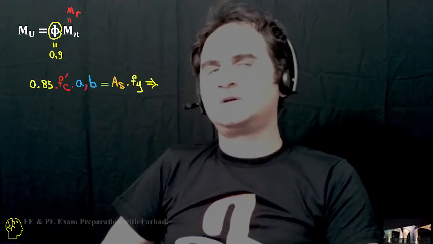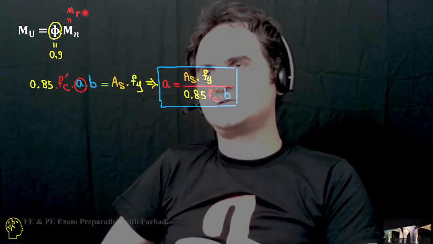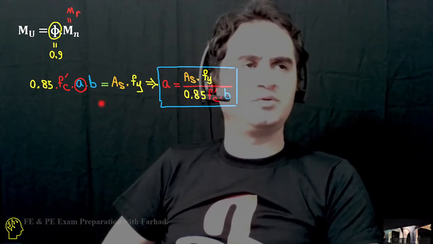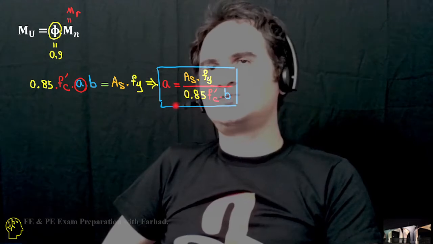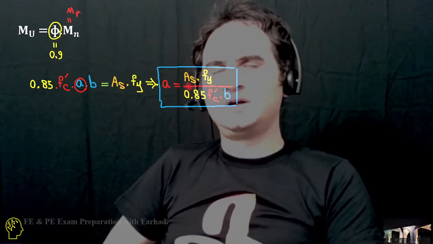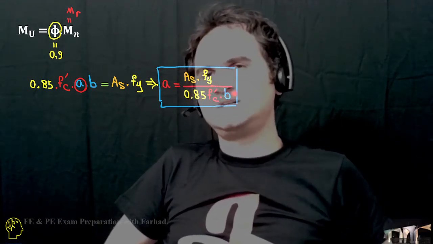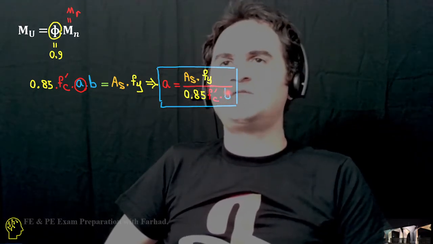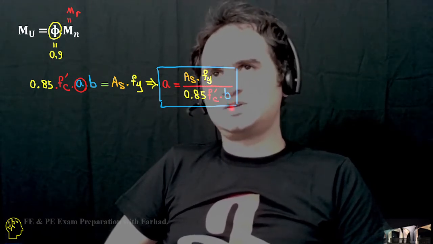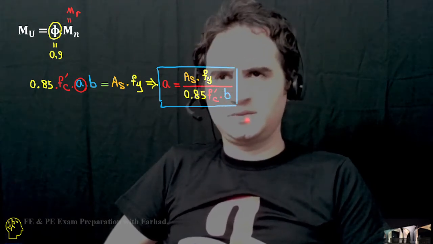Again, Mu, the ultimate moment, is the reduction factor times the nominal or resistant moment. They are identical to each other. If we equate the forces in the x direction, it gives you a, the height of the equivalent block, equal to the area of steel times the yield stress of steel over 85% of the specified strength of concrete times the dimension b.